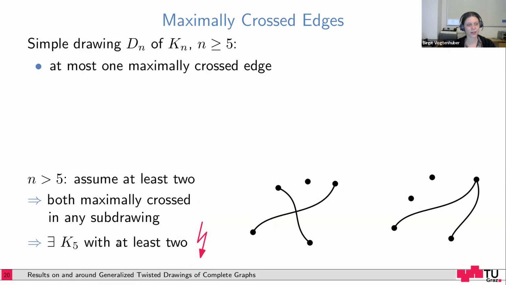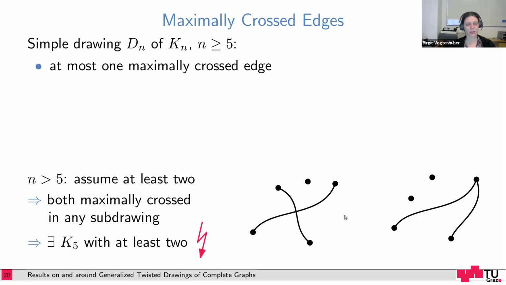And if we have a larger drawing and we assume that we would have 2 edges that are maximally crossed, then these 2 edges span 4 or 3 vertices. And in any case, we could add any 2 vertices in this drawing and obtain a K5 that has 2 maximally crossed edges, which is a contradiction.